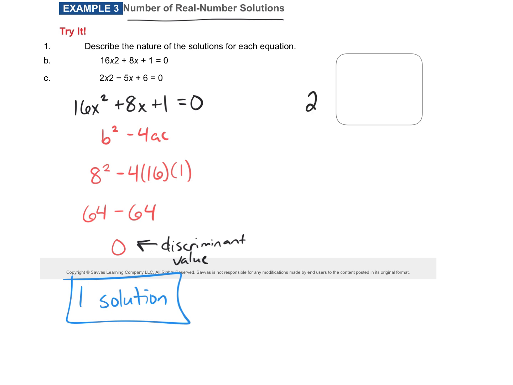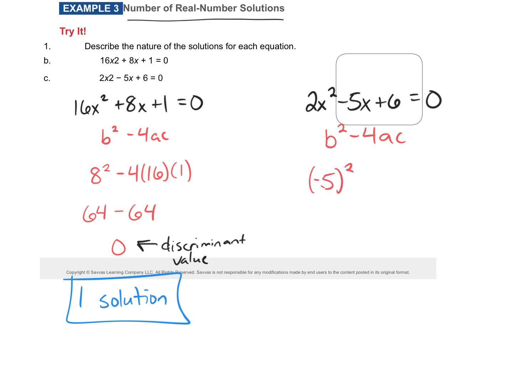Correct. So here's example 3b, 2x squared minus 5x plus 6 equals 0. Again, it wants us to find the real number solution, so what do we have to do? The discriminant, b squared minus 4ac. What is my b value? Negative 5.